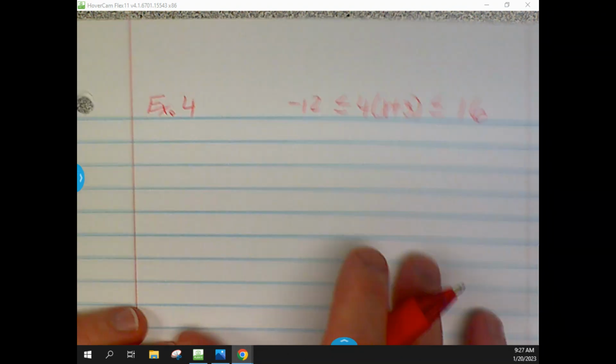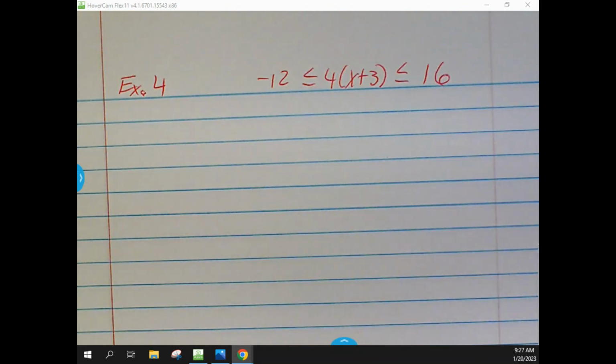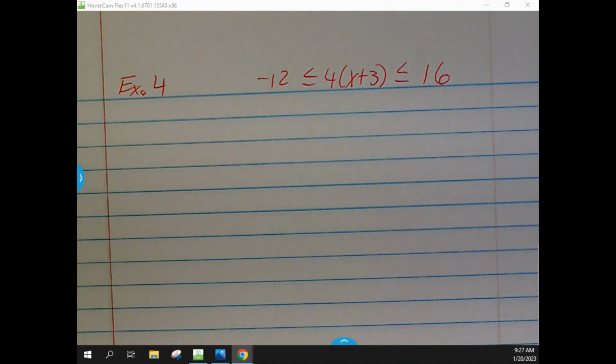Maybe something like this, where you've got negative 12 is less than or equal to 4x plus 3 less than 16. This is where they've taken an and statement that we had back here, but they've gone ahead and just made it one big giant problem.